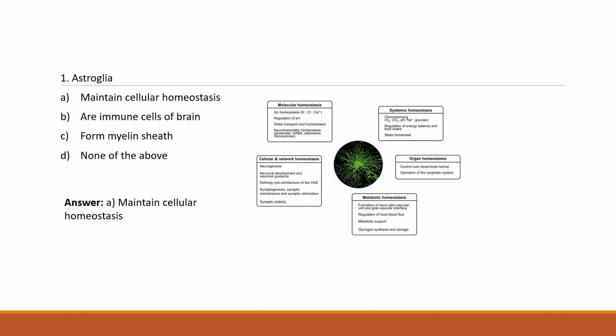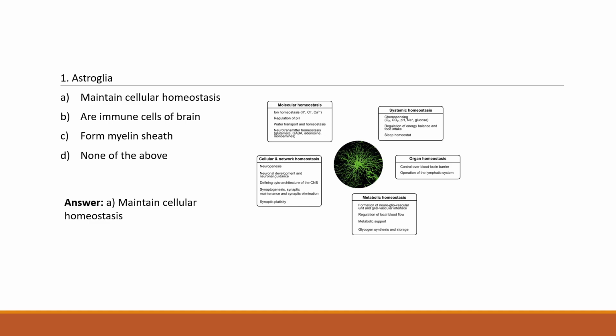So these cells help in maintaining this, and in course of maintaining ion balance, it will also help in regulation of the pH. And then in turn also the water transport will be maintained based on the concentration of these ions within the cell and outside the cell into the matrix, etc. And it is also a neurotransmitter homeostasis maintainer.